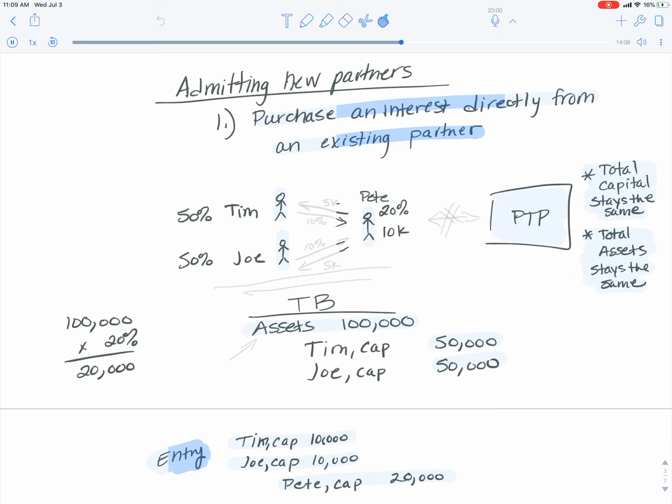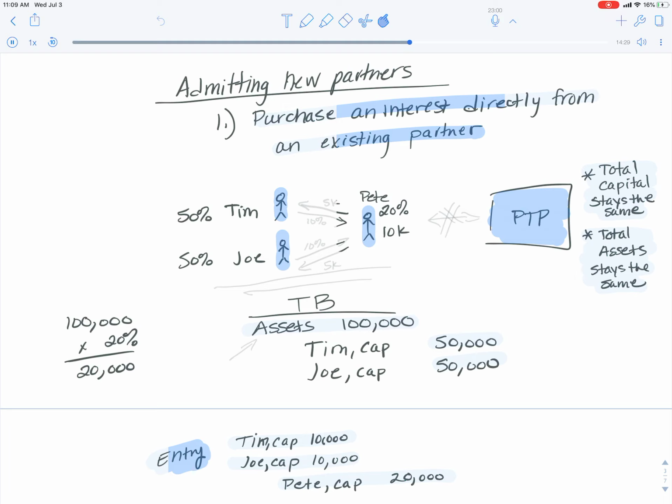So you've got the partners over here. See my little partners? You got Tim, you got Joe, and you got Pete. Okay, we've got 2 partners already in the partnership, Tim and Joe, and Pete wants to be a partner. And then over here we have the partnership itself.